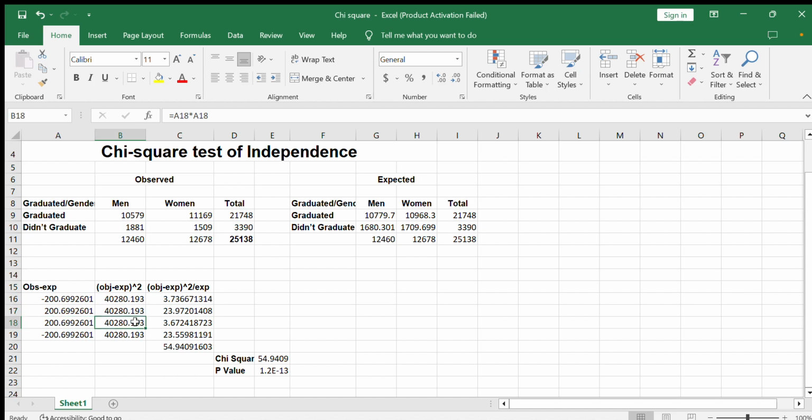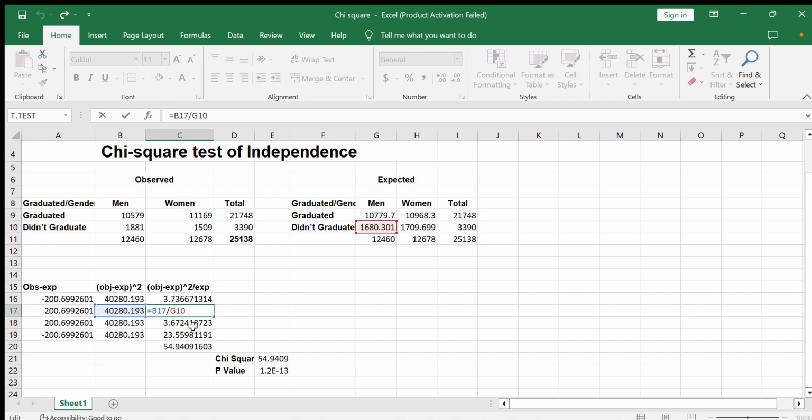Now, the third column, observed minus expected, all squared, all over expected. You will double click and notice that this is B16, that is this all squared, all over G9, which is expected. Here, observed minus expected, all squared, all over the expected for men.